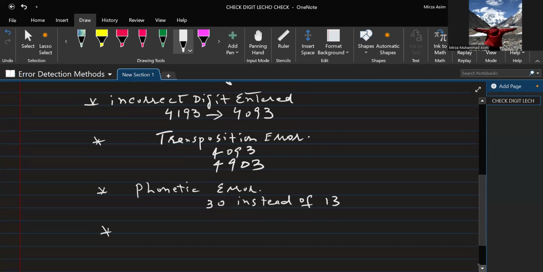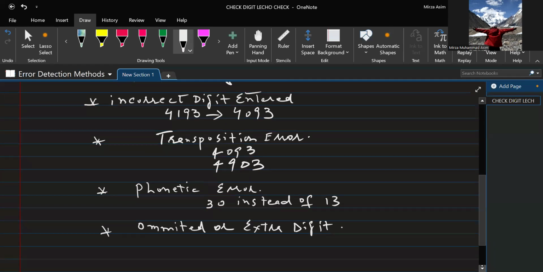And the fourth one could be omitted or padding an extra digit, right?